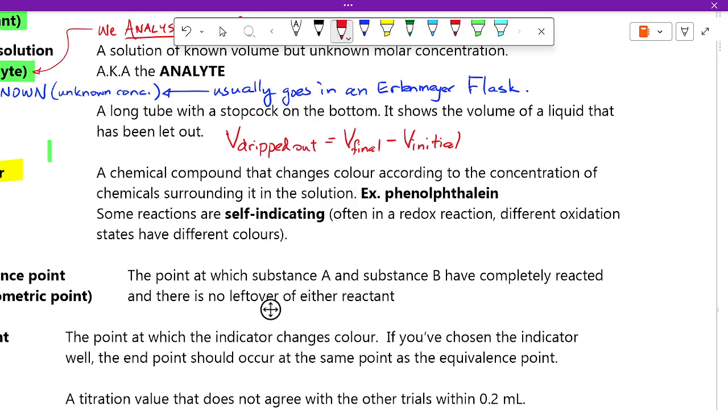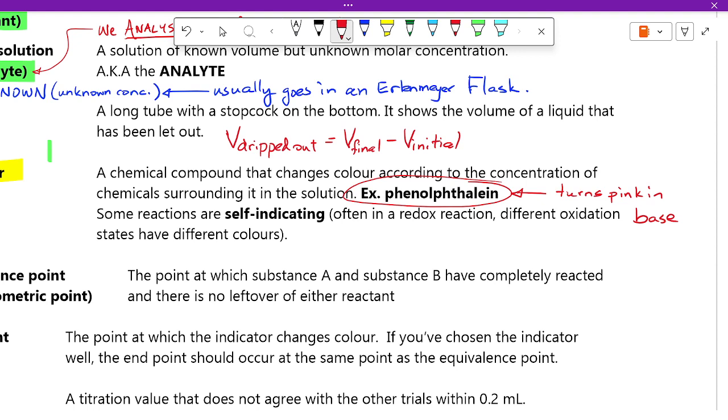So if you're doing an acid-base titration, phenolphthalein turns pink in base. So what's going to happen is you're going to have your acid in the flask, perhaps, right? Acid in the flask. And you start dripping in some base. And you're making some water. But at this point, you have excess acid, yes?